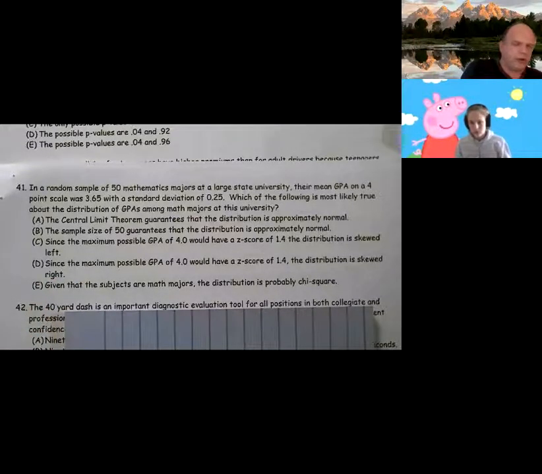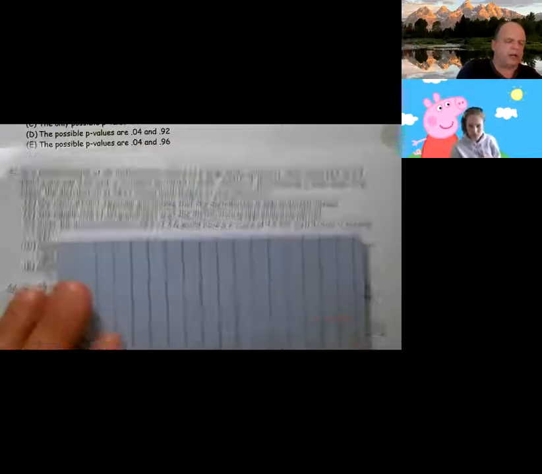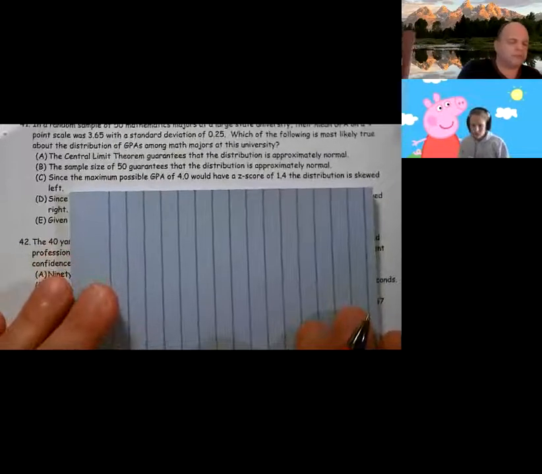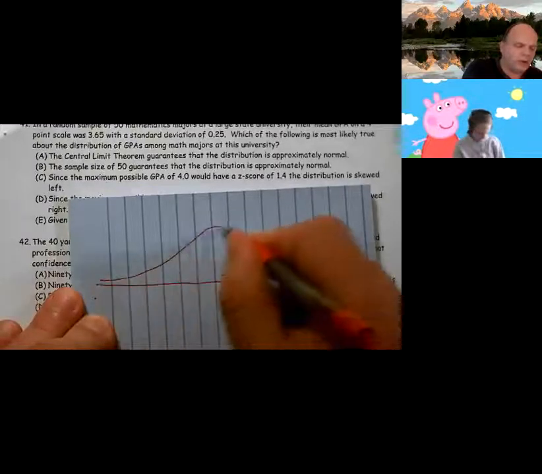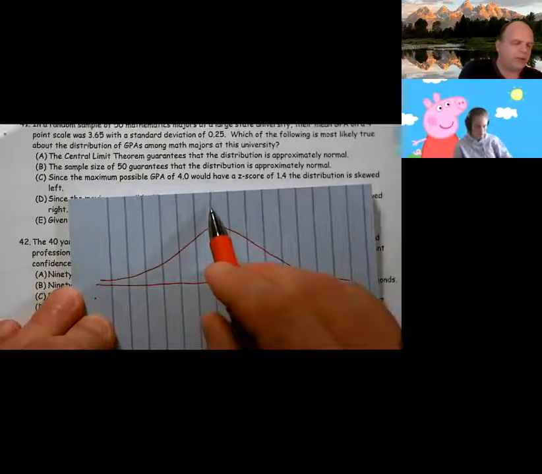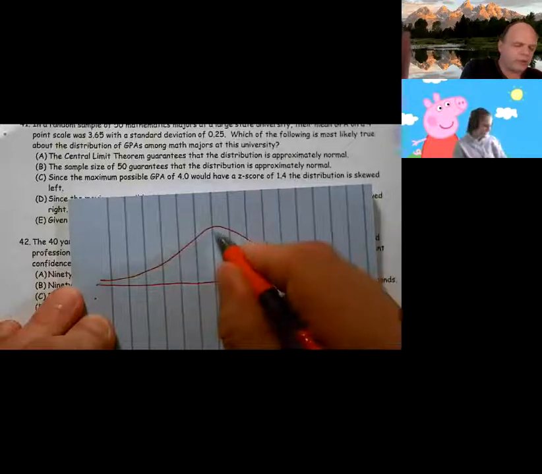Let's go ahead and try to draw this out. I don't know if I can. I'm going to make a big normal curve, and it happens to be centered at 3.65.